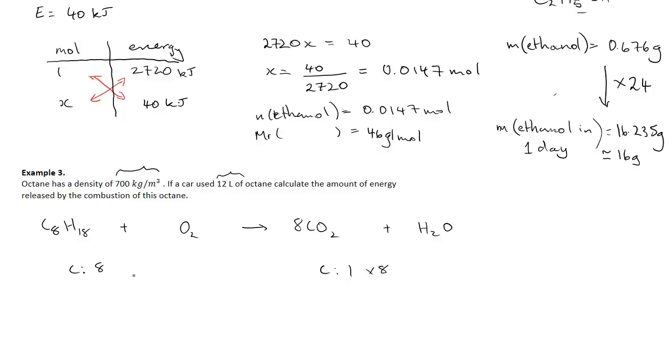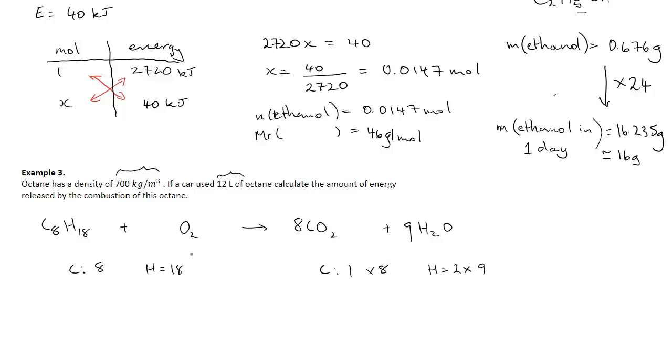Then the carbons are now balanced. The hydrogens, there are 18 of them, and only 2 of them there, so we need to times by 9. Now the hydrogens are balanced.